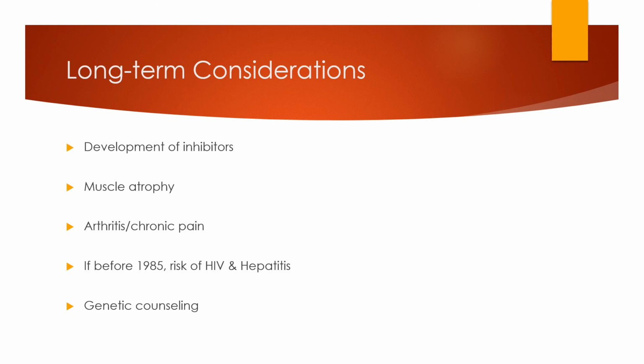You may see muscle atrophy in patients who are hemophiliacs, and this can be due to joint bleeds, because when an individual has a joint bleed, they're not going to want to move those joints.